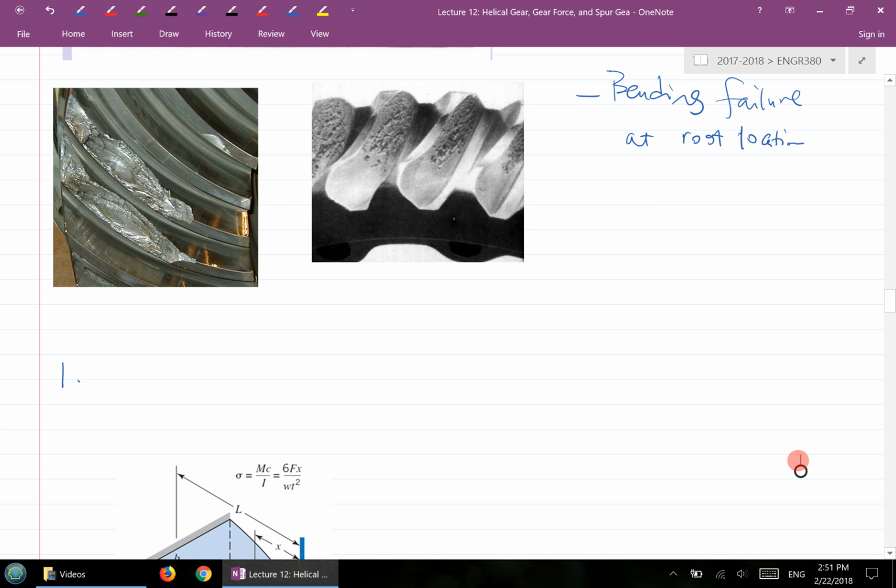This equation is called the Lewis equation. So we're going to look at a little bit of the story here in terms of the Lewis equation for bending stress.